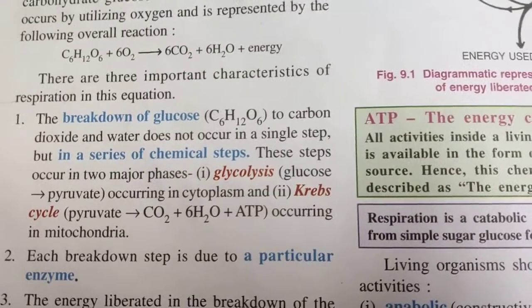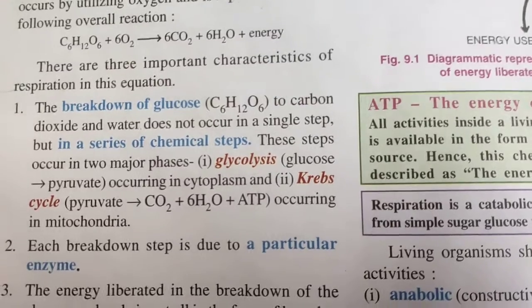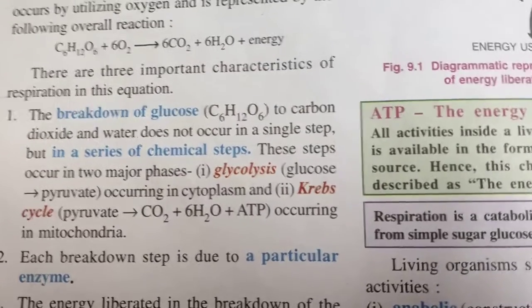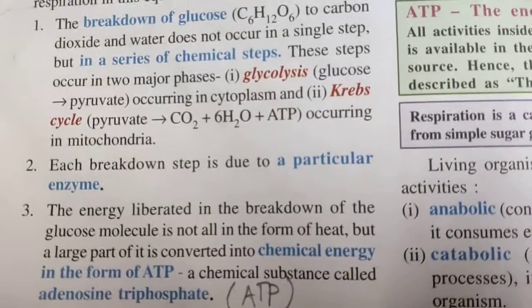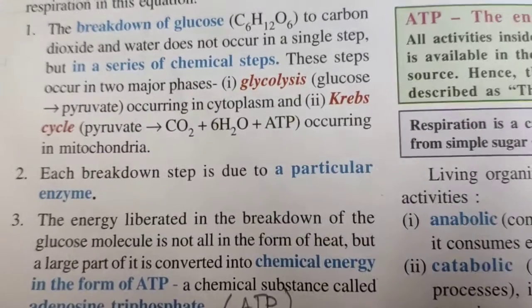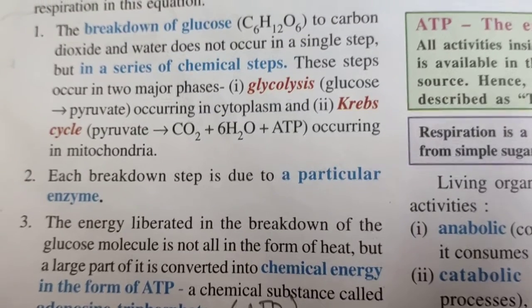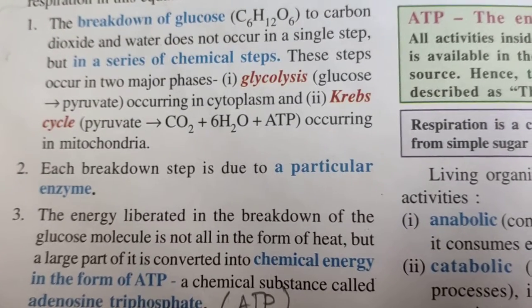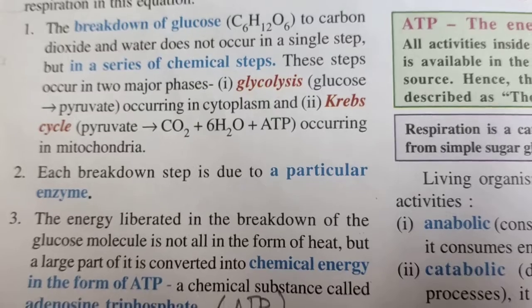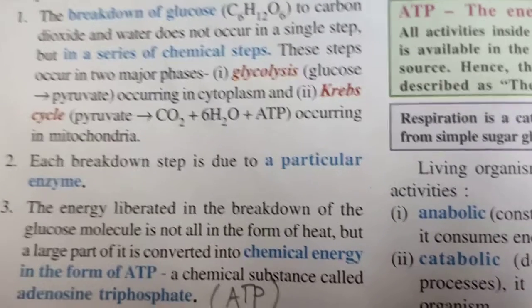Each breakdown step is due to a particular enzyme. Now there are a number of enzymes required. With this point, one thing also becomes very clear: because enzymes are involved, temperature is also a very important factor for this reaction.